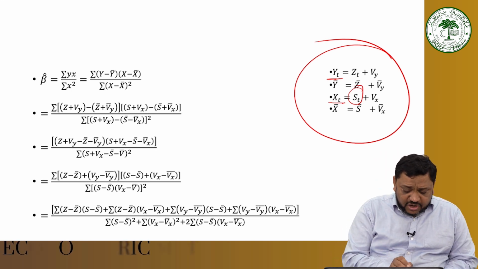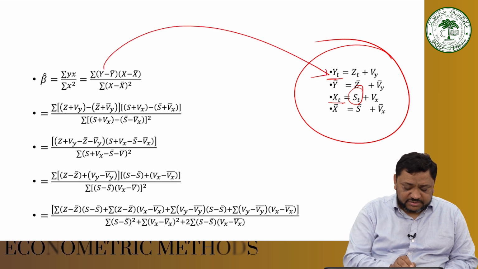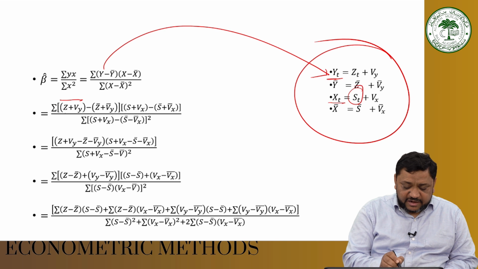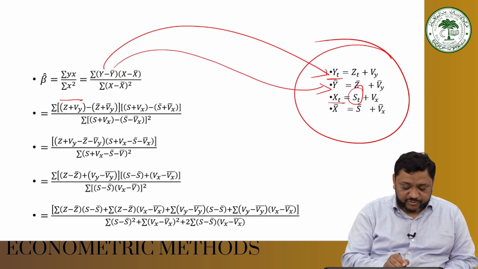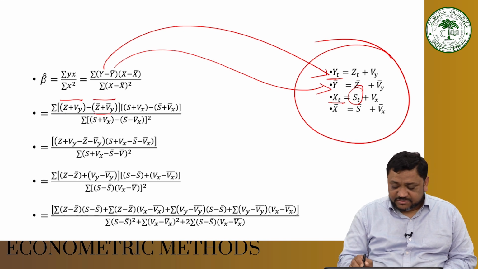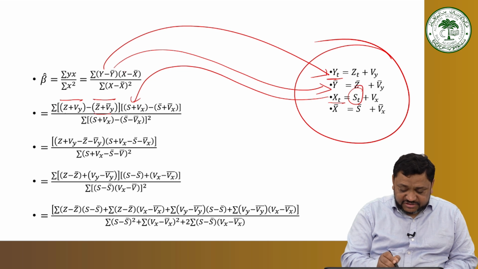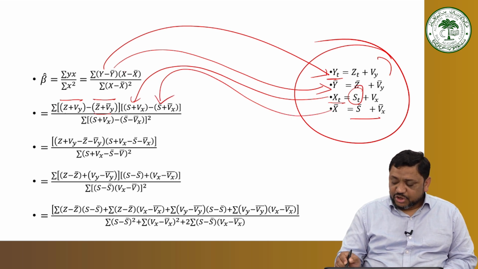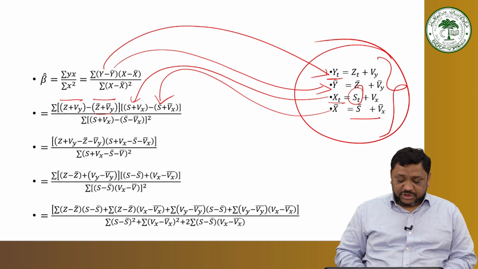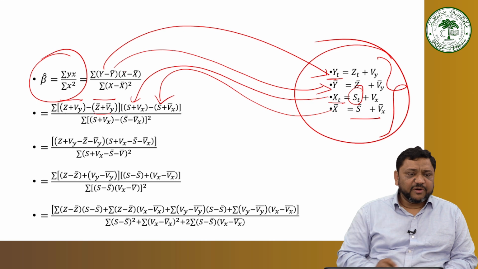Now in place of y, we write this. In place of y bar, we write this. In place of x, we write this. In place of x bar, we write these terms. So we use these four terms to insert into our normal formula for beta hat.